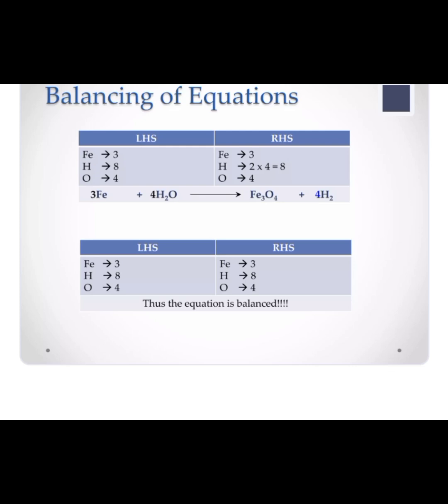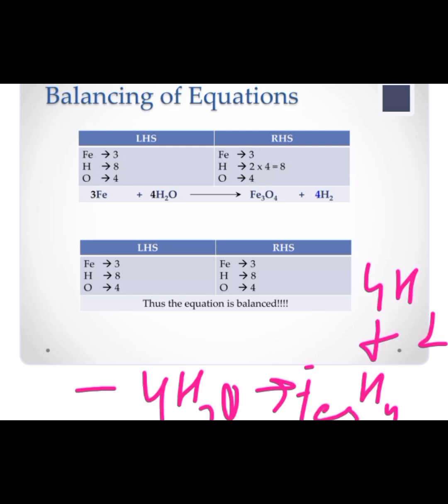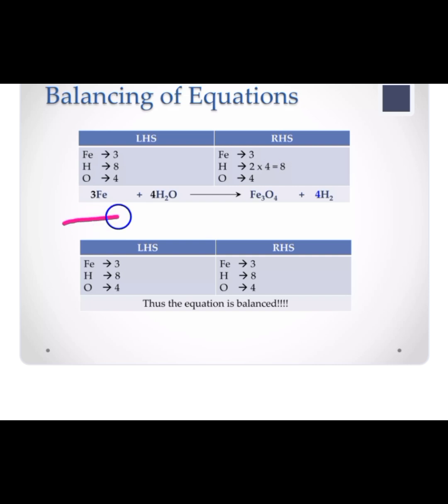Now you can see the answer of this equation, that is written here. 3 iron atom, 4 H2O molecules gives ferric oxide along with 4 moles of hydrogen gas. Now this equation is balanced.